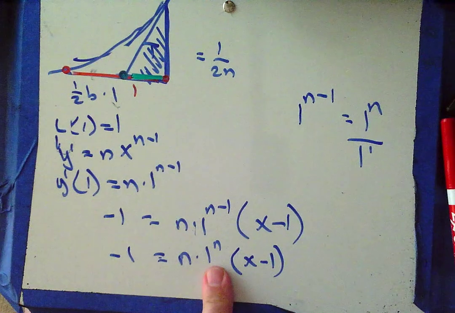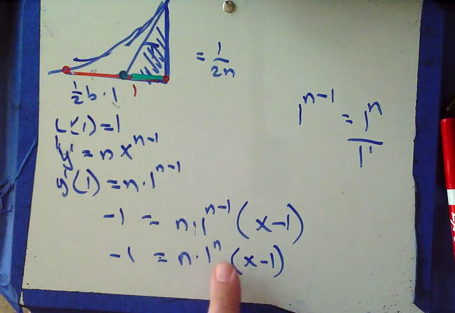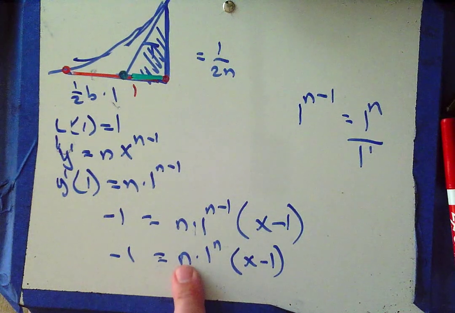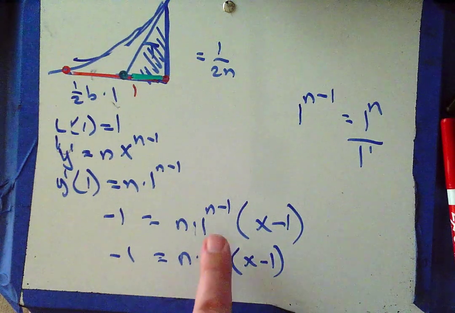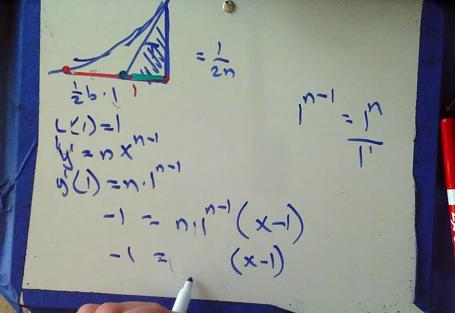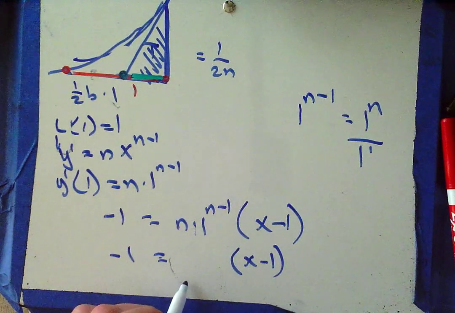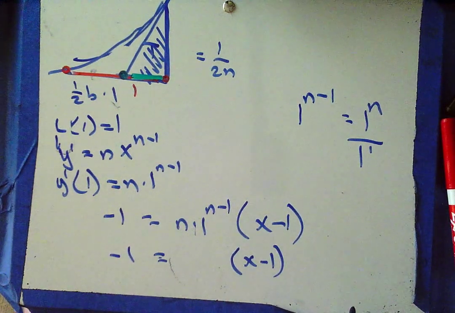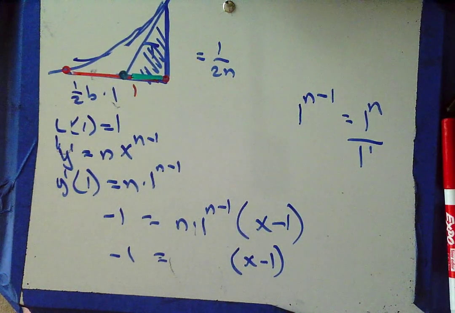Now, I know that n is always greater than 0, and so this will never be negative, so I won't have any 1-overs here. This n is always positive, so I'm always going to have just a positive 1 here. Oh, that's nice. So then I add 1 to both sides, and I get x equals 0. That's not true. The tangent line isn't at 0. All right. That's not working.